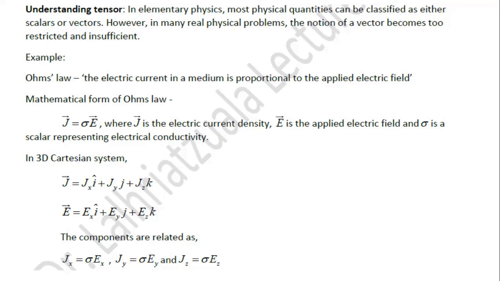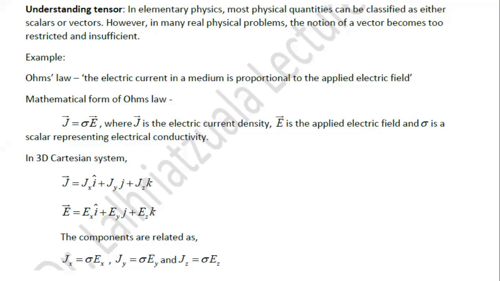Like we discussed energy, and also the temperature of a room. At any particular point within a room, you will have a certain value of temperature, but it does not have any preferential direction. It only has a magnitude. So this kind of quantities are called scalars.